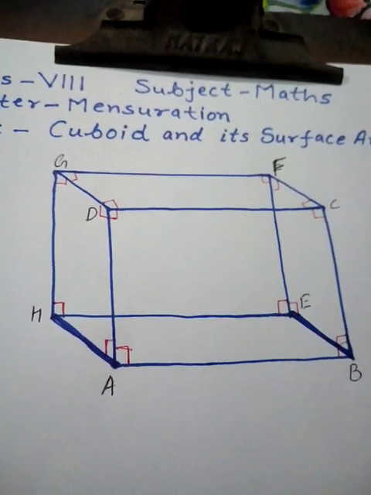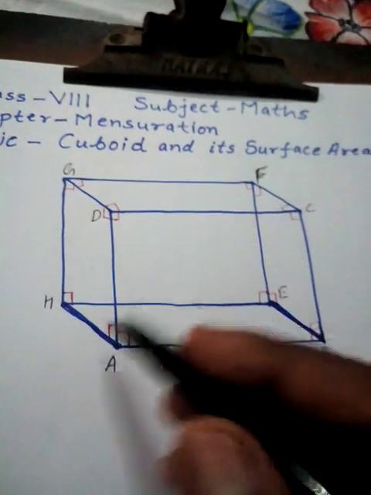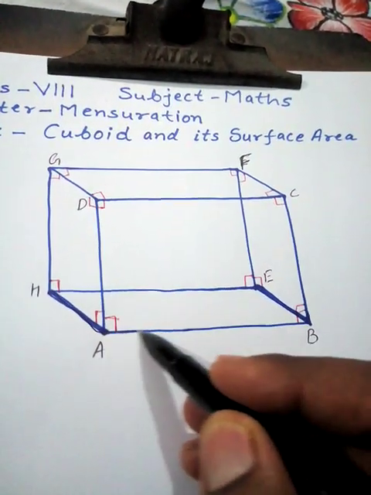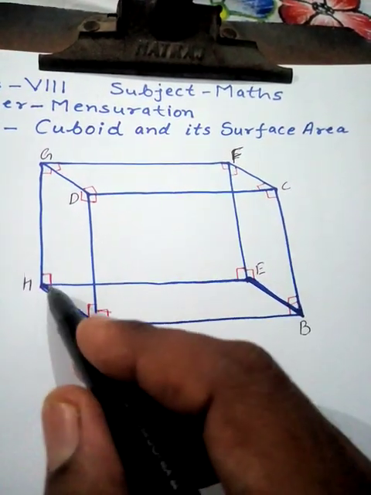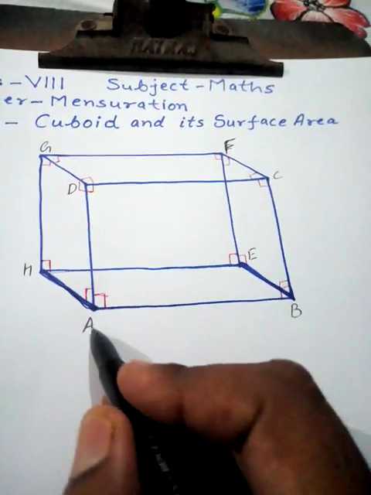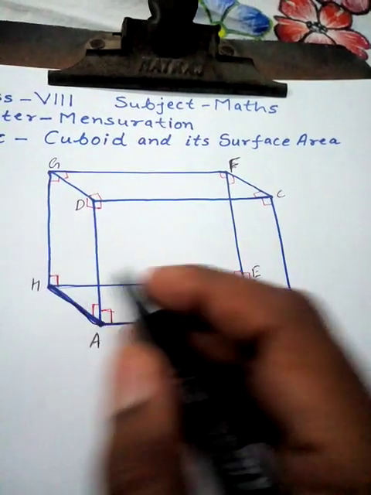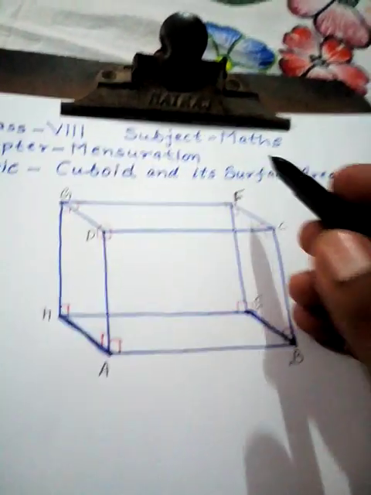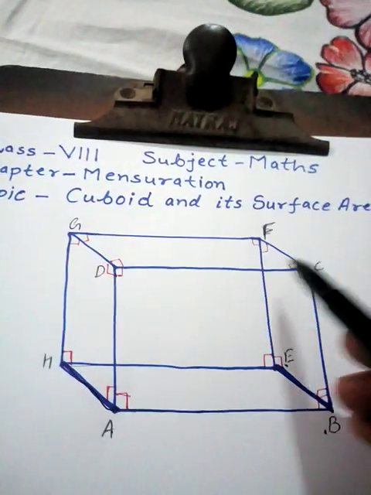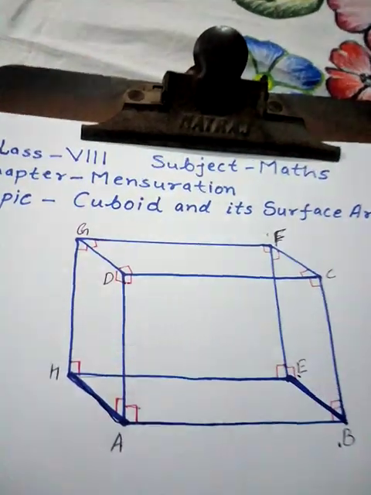The first surface I am going to show you is the bottom, A, B, E, H, and the top, D, C, F, G.